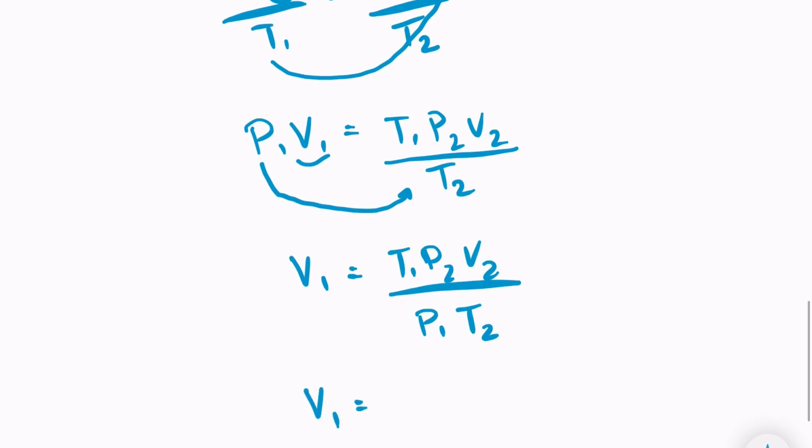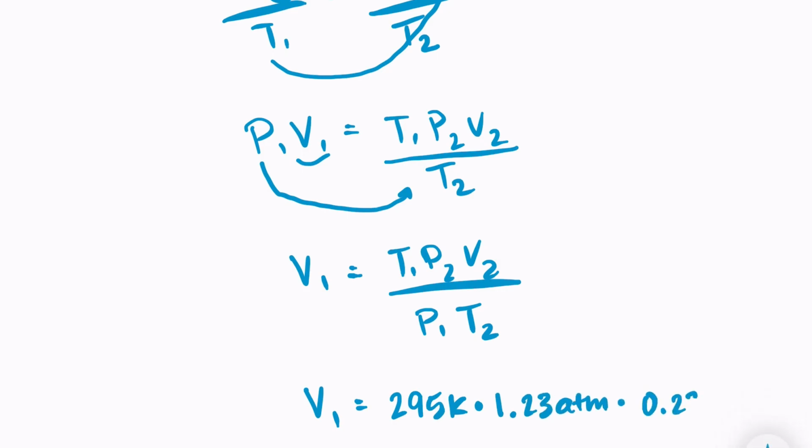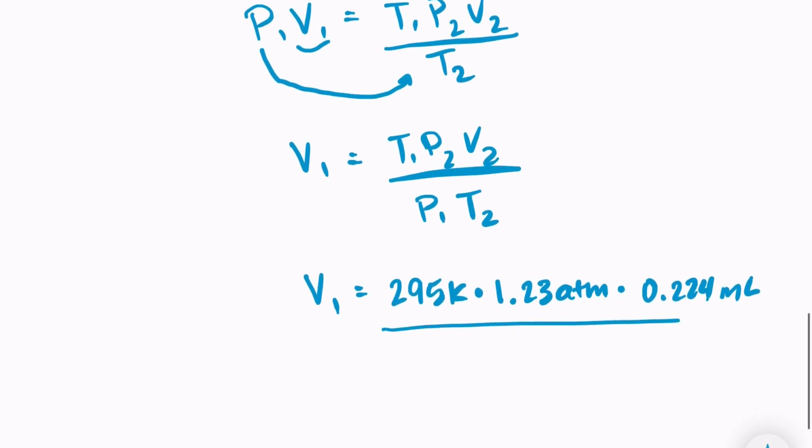Volume 1 is equal to temperature 1, which was 295 Kelvin, times pressure 2, which was 1.23 atm, times our volume 2, 0.224 milliliters, over pressure 1, that was 1.02 atm, times temperature 2, which was 373 Kelvin.